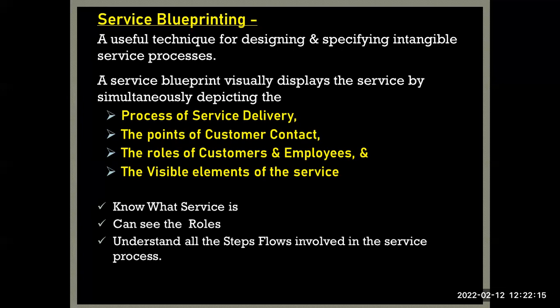So it is clearly shown, depicted, and portrayed in that particular picture or flow chart. Then we have visible elements of the services, and also invisible elements of these services, and we are also showing the support system. So everything is there to understand that particular service, how that service works, depicted in that particular service blueprint.